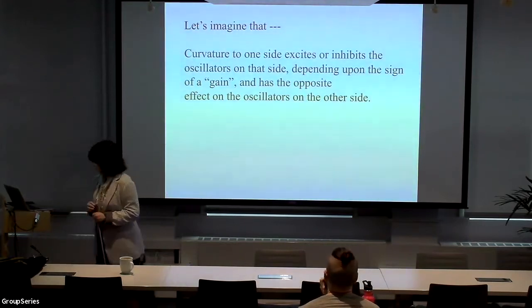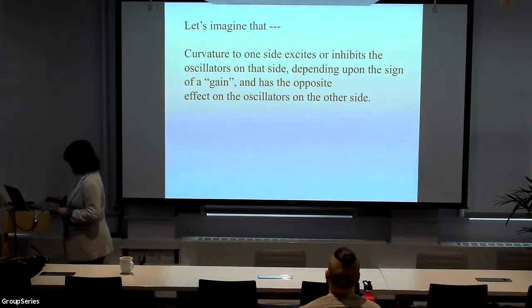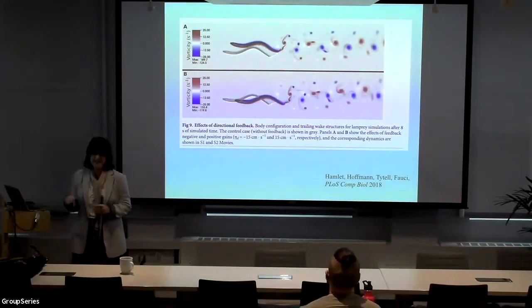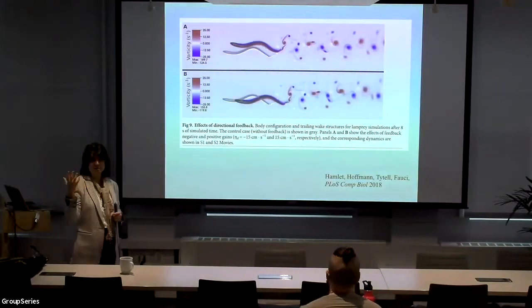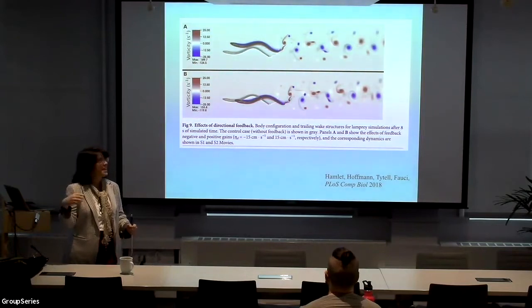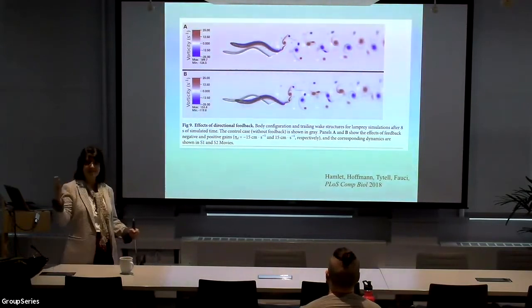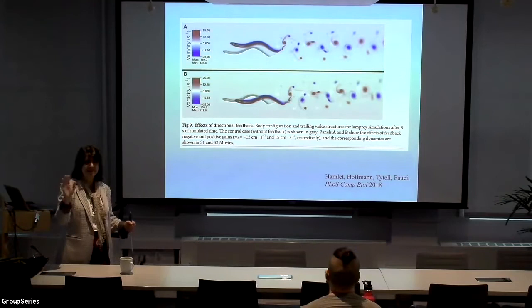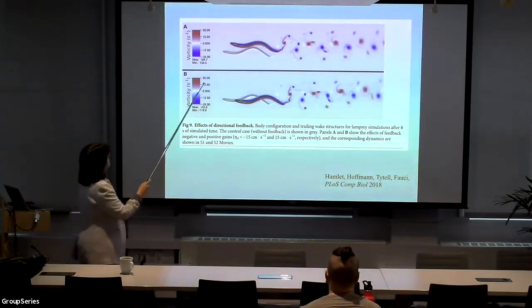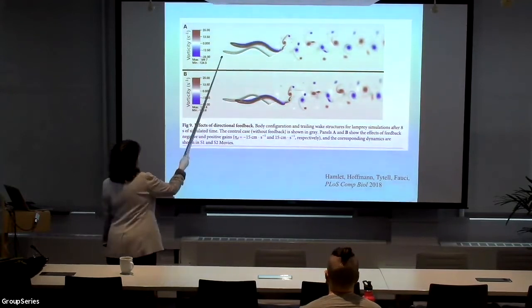Okay? So if we do that, here's what we get. And when I say excite, there's going to be a coefficient in front of this term in the feedback term that we call the gain. If it excites that side, it's positive, and if it inhibits that side, it's negative. I don't remember which is which. So here are two examples where the gray is the control.